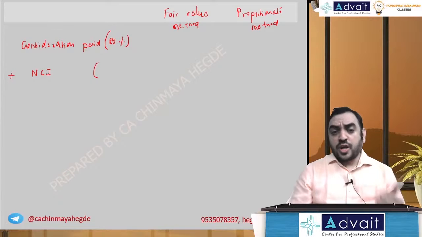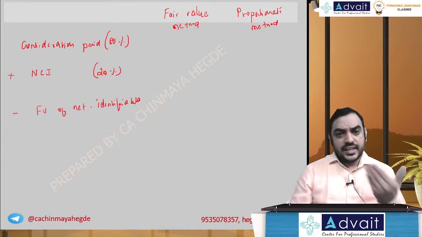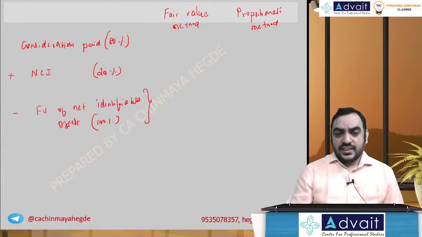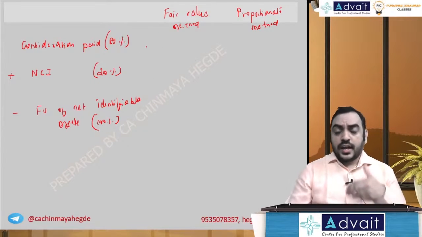The remaining people, what you have not acquired, that is called non-controlling interest, minus the fair value of net identifiable assets, which is the entire 100%. So basically, this is like a book value, this is like a fair value, and that difference we'll call goodwill.